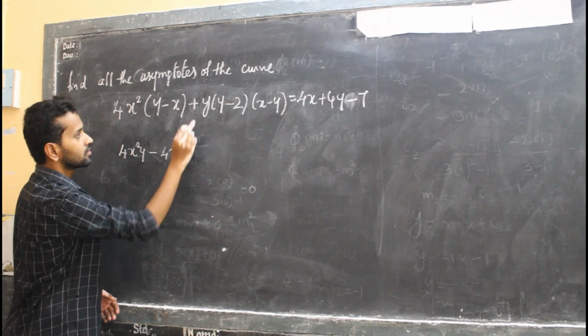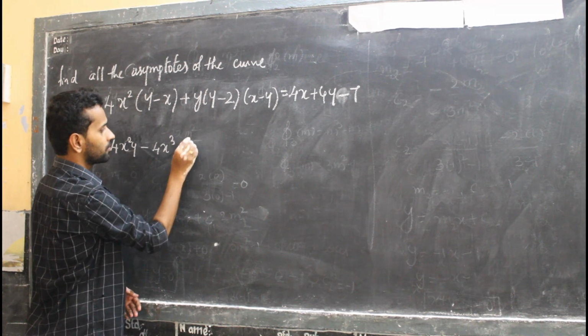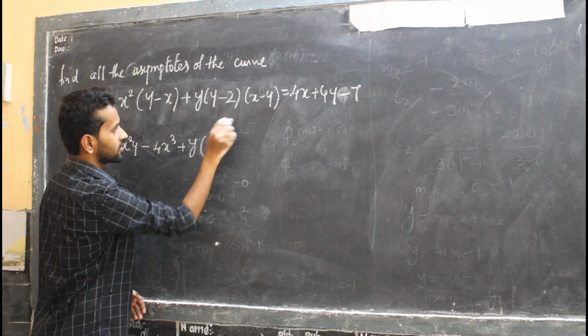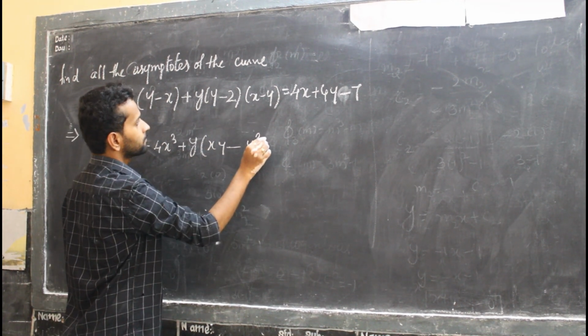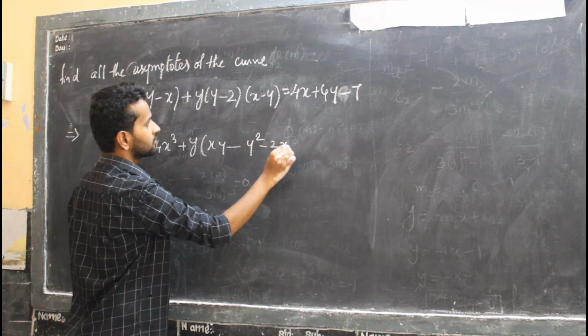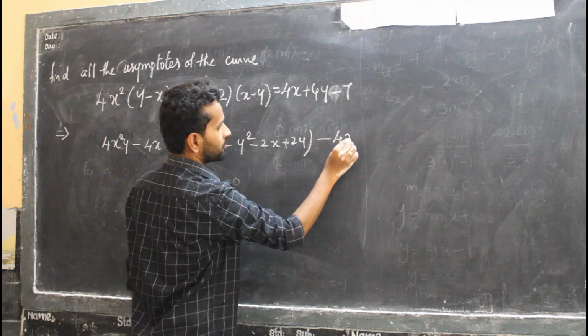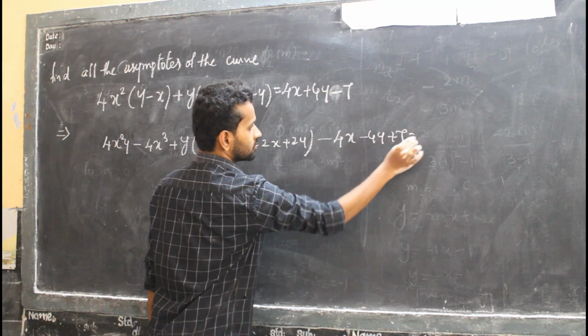Okay, plus y into y square, or else you just come back, just to multiply these two first. What will be there? y into x, xy minus 2 into y square minus 2x plus 2y minus 4x. I'll bring inside the left hand side minus 4y plus 7 equal to 0.